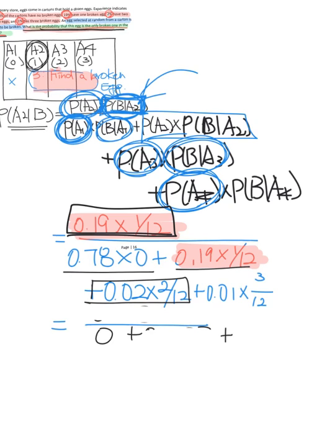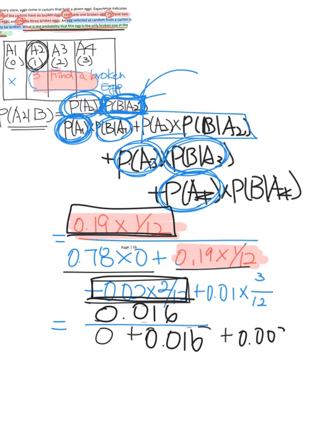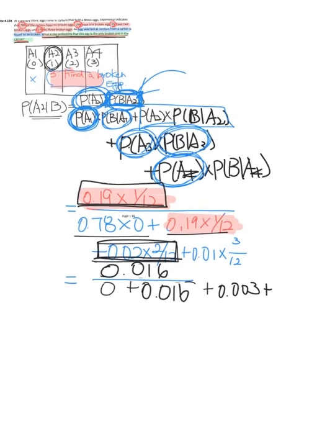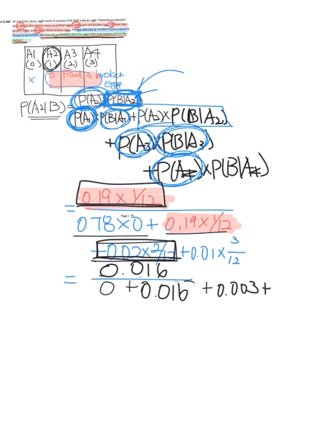It's 0.016. 0.016, and the second one will be 0.016 in the denominator. And can you give me the third one? 0.02 times 2 over 12. 0.003. And the last one, please. 0.0025. Okay, keep going.